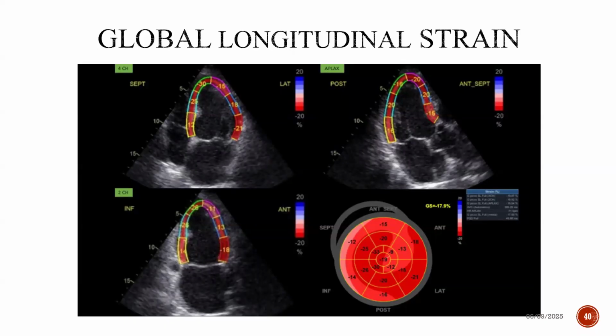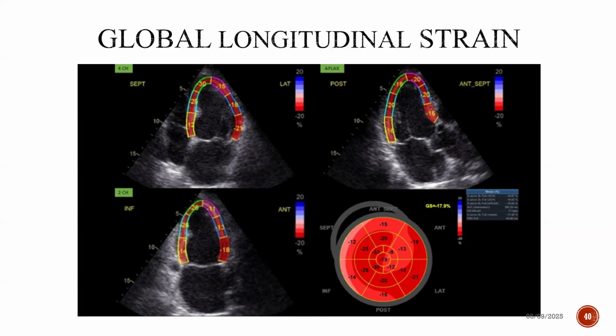So the next imaging tool is global longitudinal strain. So this is mainly an assessment of the myocardial contractility, and it's able to assess all the 17 segments of the left ventricle.